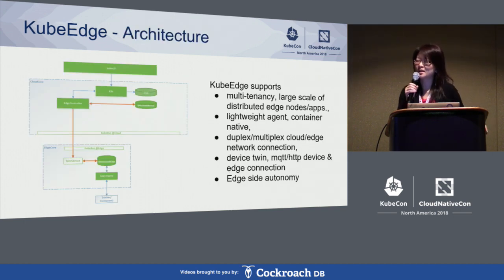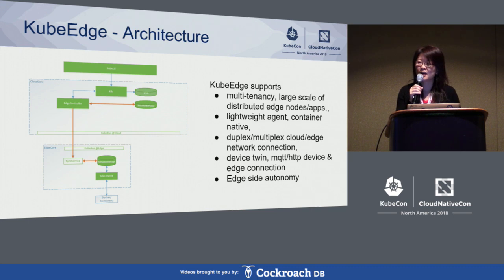In this slide, you're going to see the functionalities of KubeEdge and the fundamental architecture. Let me first address the functionality. KubeEdge will support multi-tenant, large scale distributed edge nodes registered in your cloud infrastructure, and you can manage those edge nodes remotely through the cloud infrastructure.